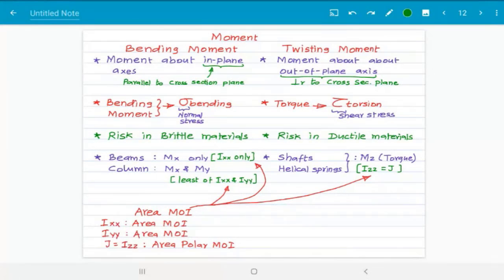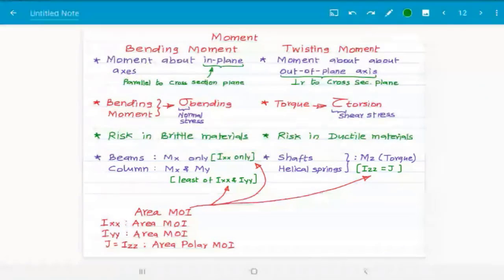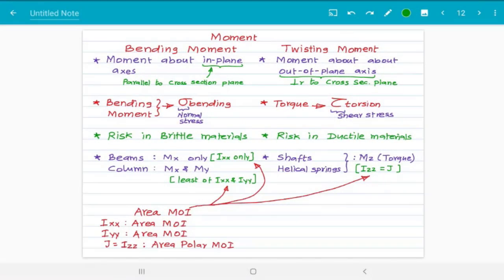Then applications of bending moments: in case of beams, we are using only Mx. At the same time, we are using Ixx only. But in case of columns, Mx and My both are possible. So we will select Ixx and Iyy, then we will go for the least value to calculate the buckling load formula.